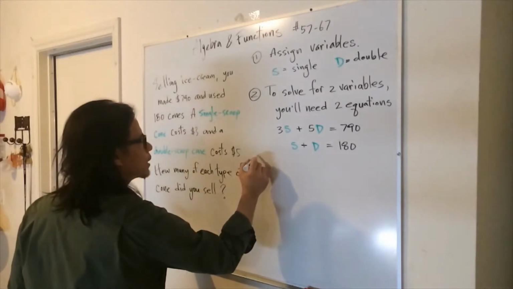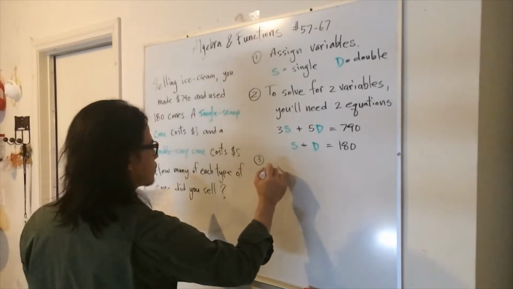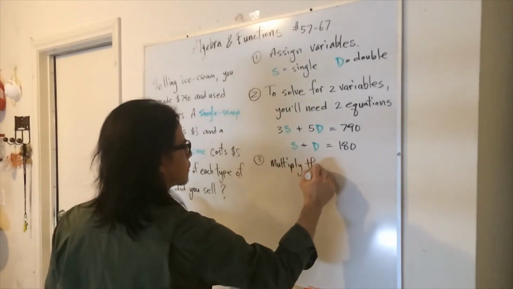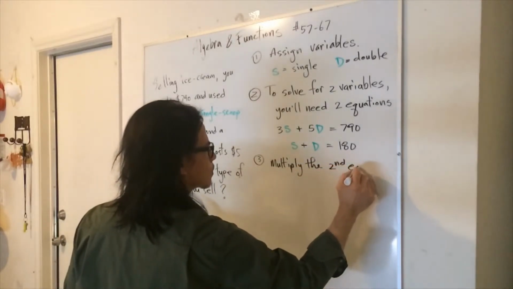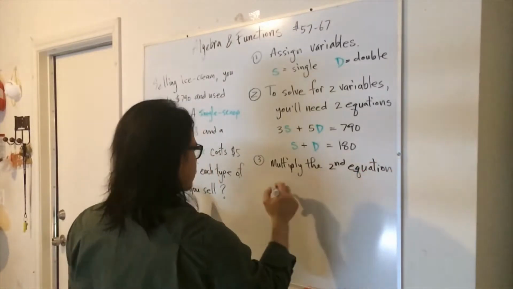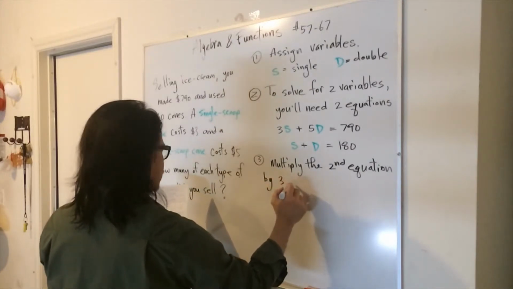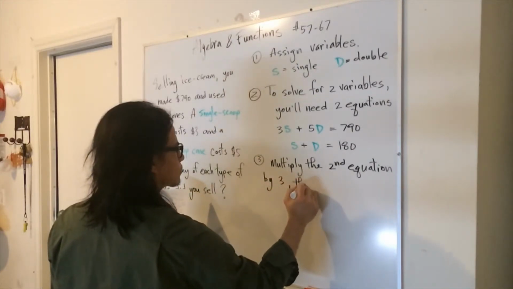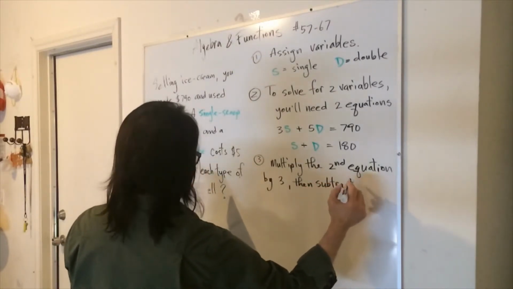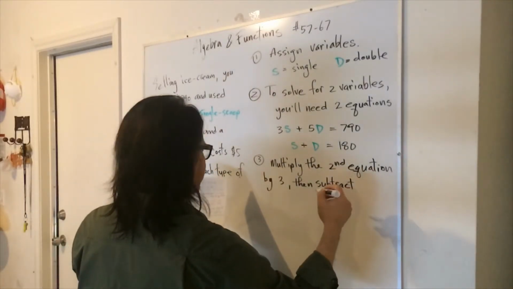Okay, so we can move on to step 3, which is we're going to multiply the second equation by 3, then subtract the second equation to get rid of the S term.